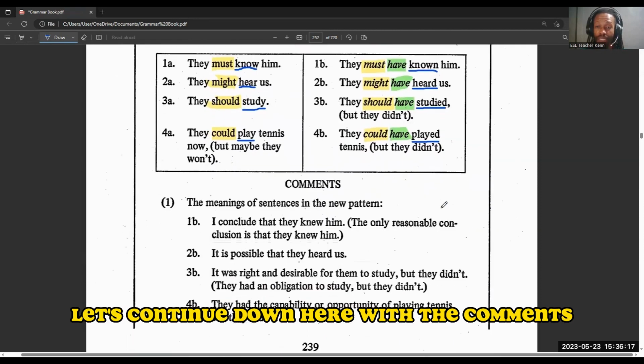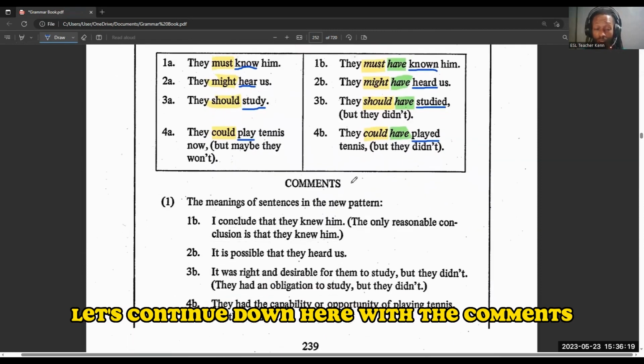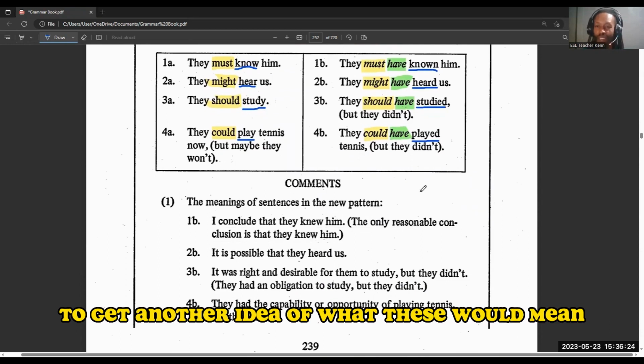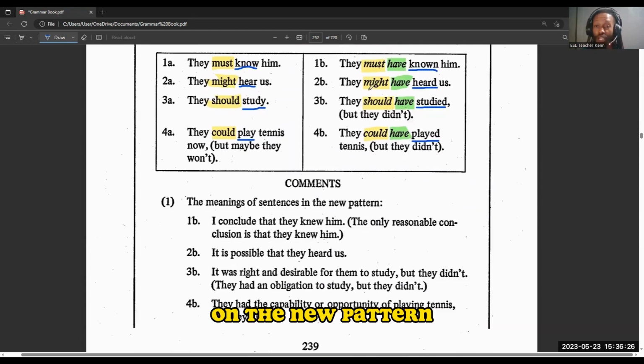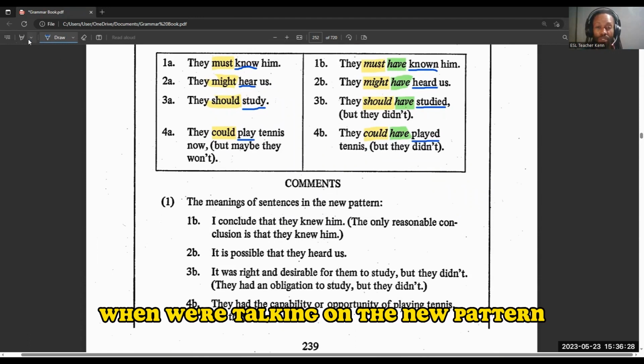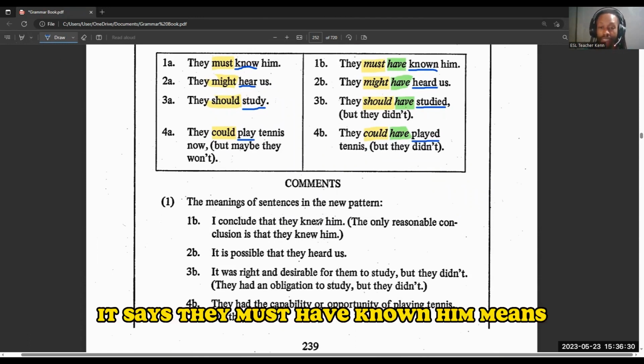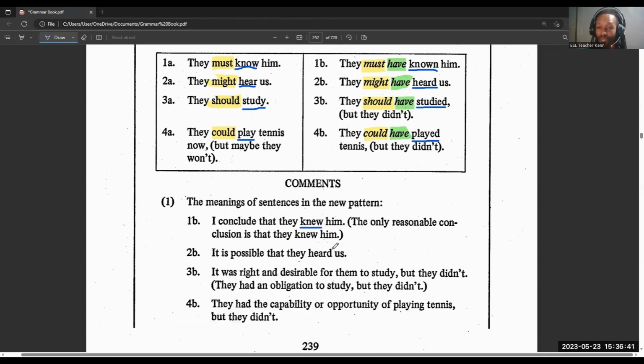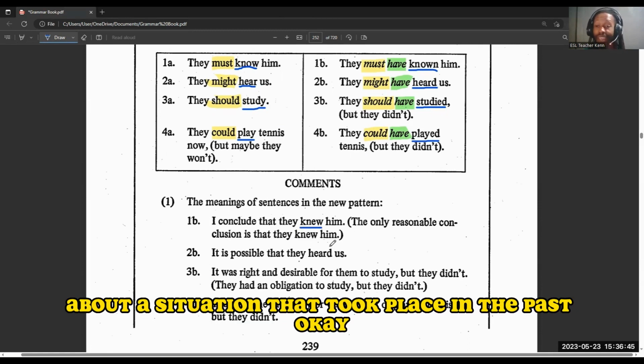Let's continue down here with the comments, just for us to get another idea of what these would mean on the new pattern. When we're talking on the new pattern, it says, they must have known him means I conclude that they knew him. So this is a conclusion about a situation that took place in the past.